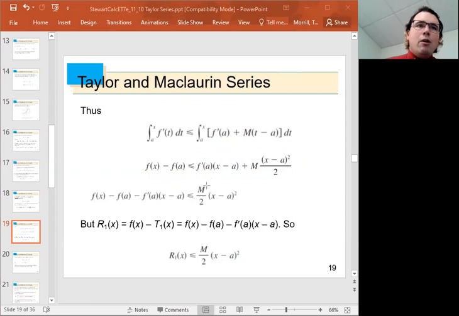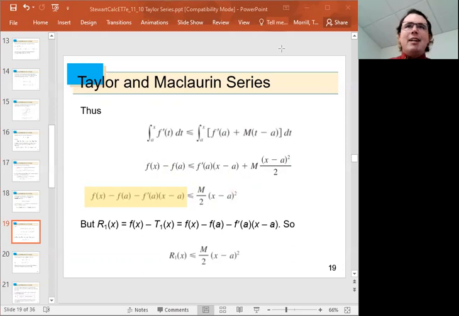So what's this? The function f of x minus the function f evaluated at a minus the function f prime evaluated at a times x minus a. Well, what's this? This is an upper bound.